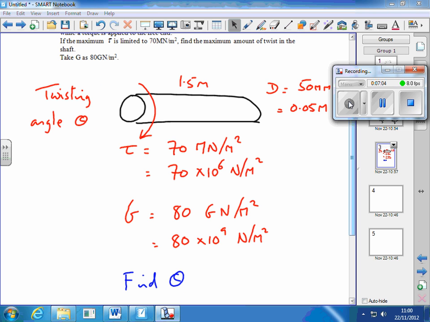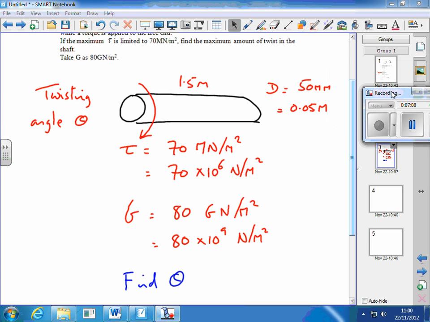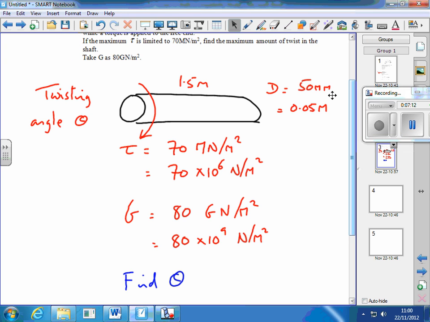The length is 1.5 meters, the diameter is 50 millimeters, which I would write in meters, so everything's in the correct unit. I'm given the value for the stress, tau, which is 70 meganewtons, so that's 70 times 10 to the 6.